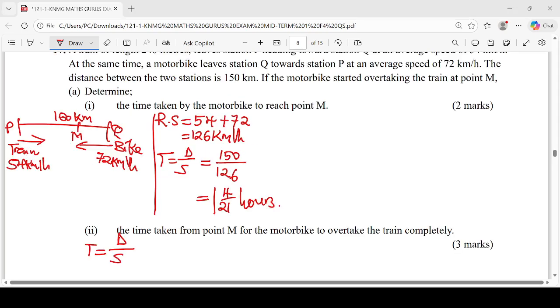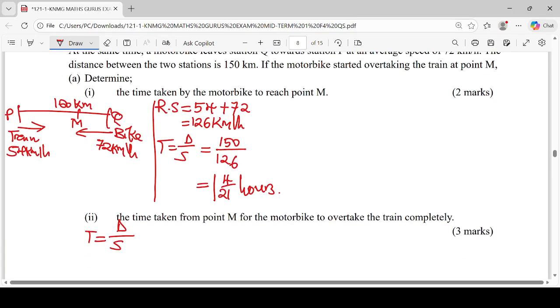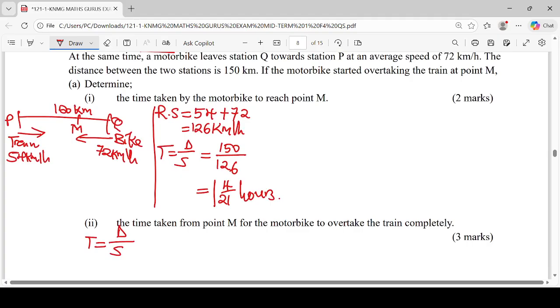I now want you learners to know this. When you look at the question, the train has a length of 240 meters. For it to be overtaken completely, a distance of 240 meters has to be covered. So let's convert 240 meters to kilometers by dividing it by 1,000. When you take 240 divided by 1,000, that will be 0.24 over the relative speed at which it was moving, which is 126.